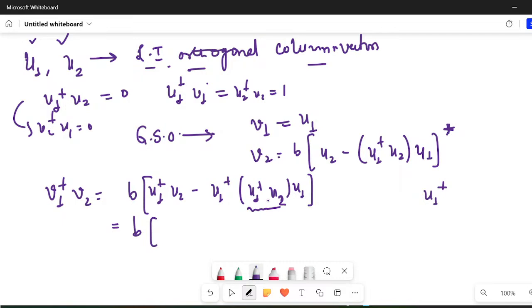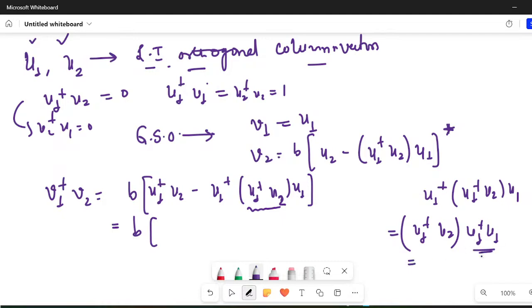So I'm writing u1 dagger u2 u1. I can write it as u1 dagger u2 times u1 dagger u1, and I know that u1 dagger u1 is simply 1, so I'm getting u1 dagger u2.